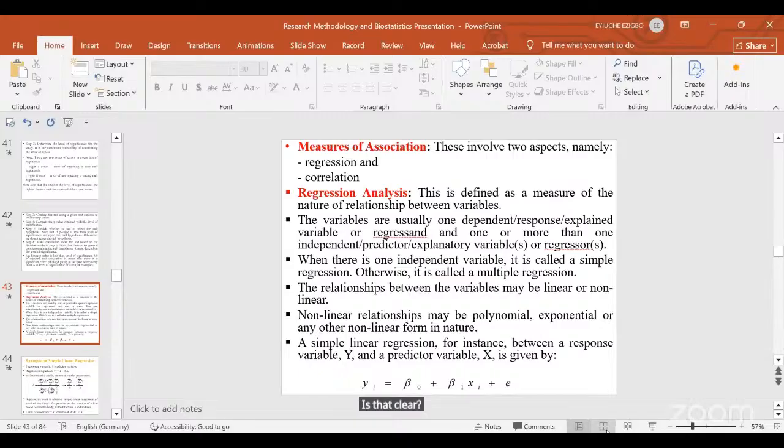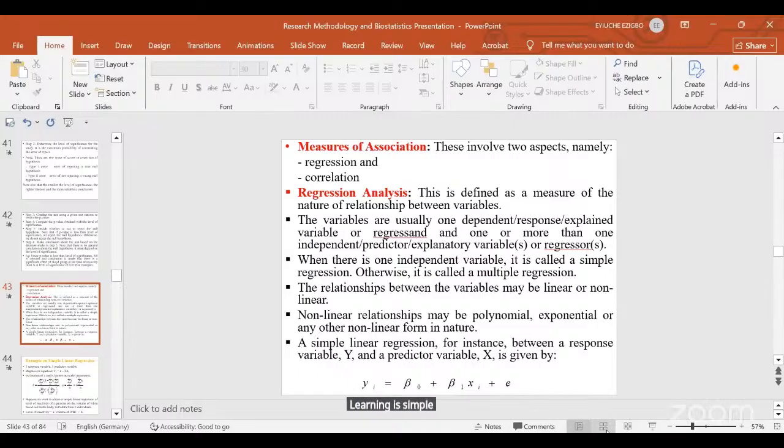Now, I want to say at this point that a regression analysis may be simple or multiple. When is it simple?